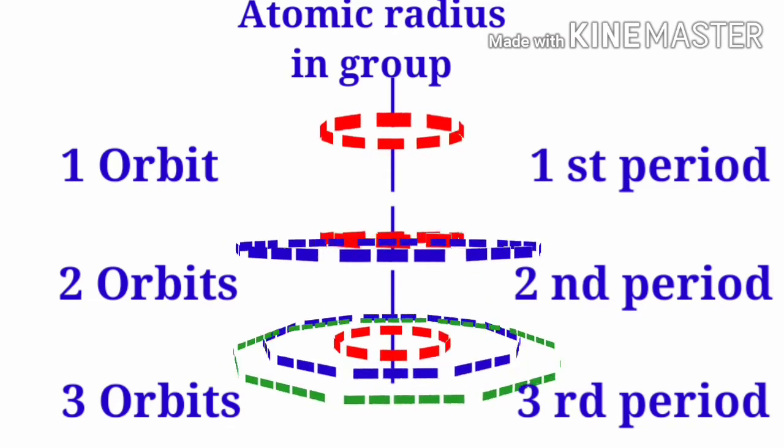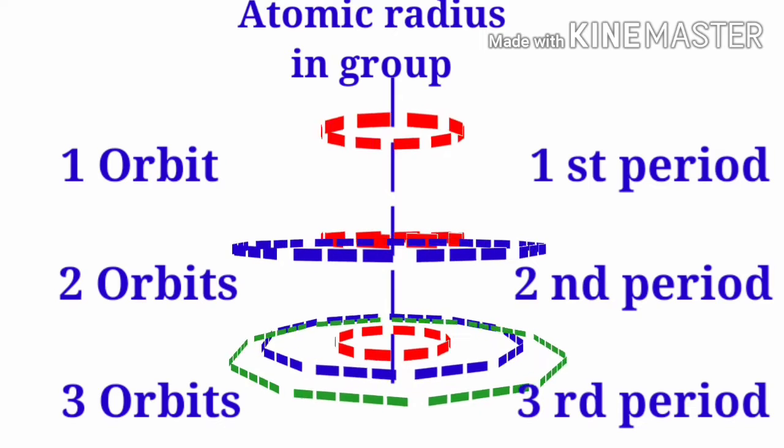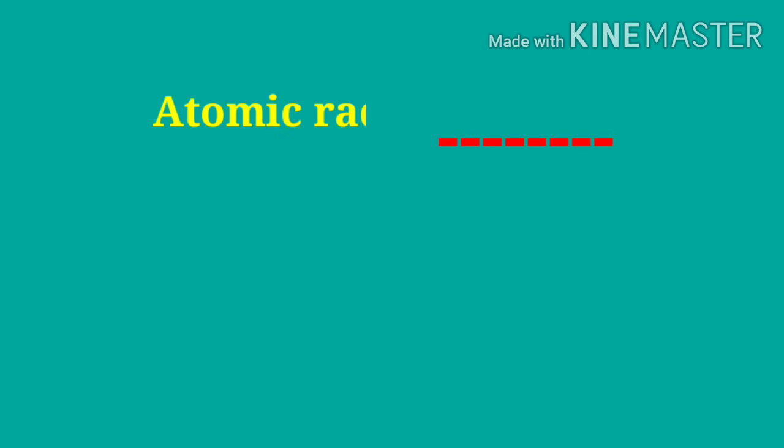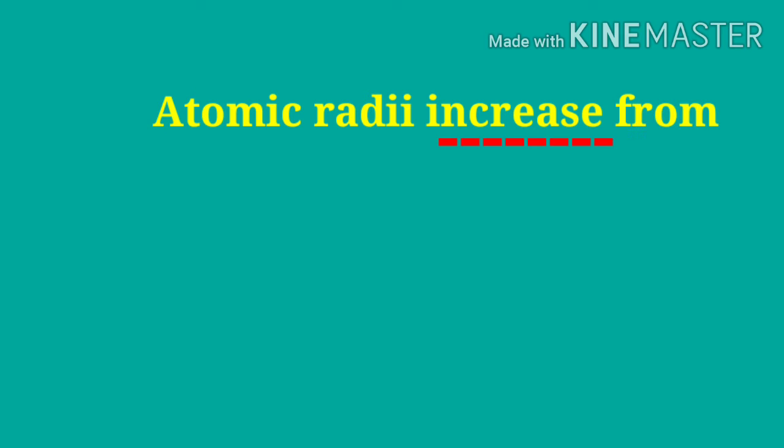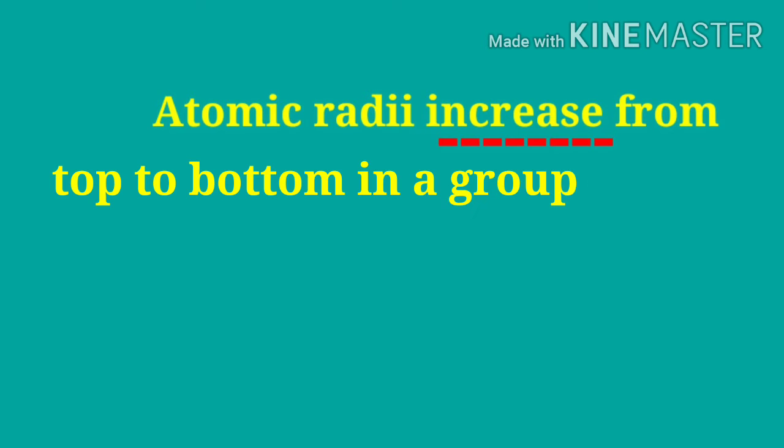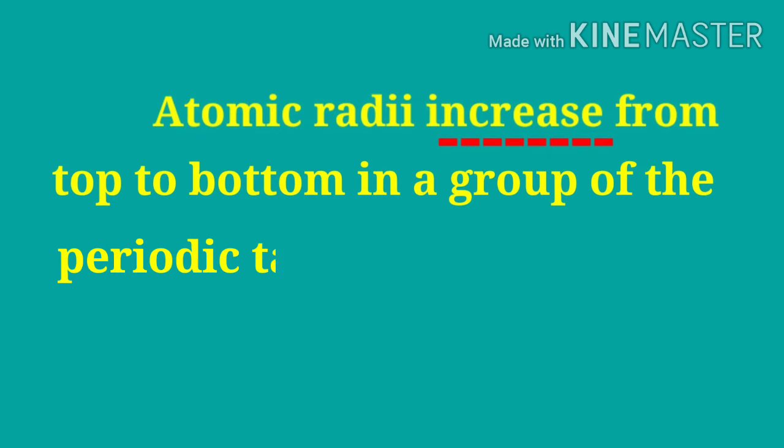Atomic shells increase in a group from top to bottom. Atomic radius increases from top to bottom in a group of the periodic table. Please see the examples given at the end of this video.